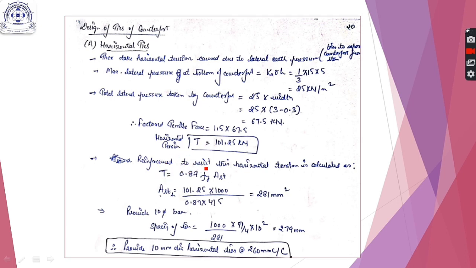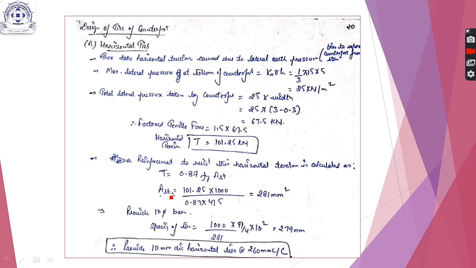So reinforcement to resist this horizontal tension is calculated as T is equal to 0.87 Fy into AST. I hope you remember this formula. This is the formula for calculating tensile force in any particular RCC element. T is equal to Fs into AST, where Fs is 0.87 Fy.